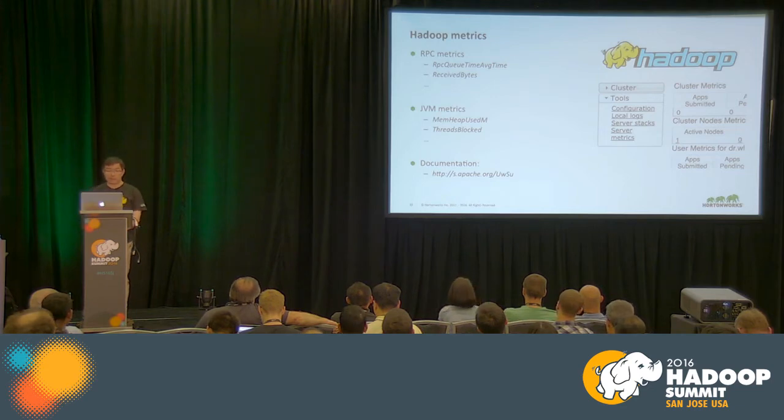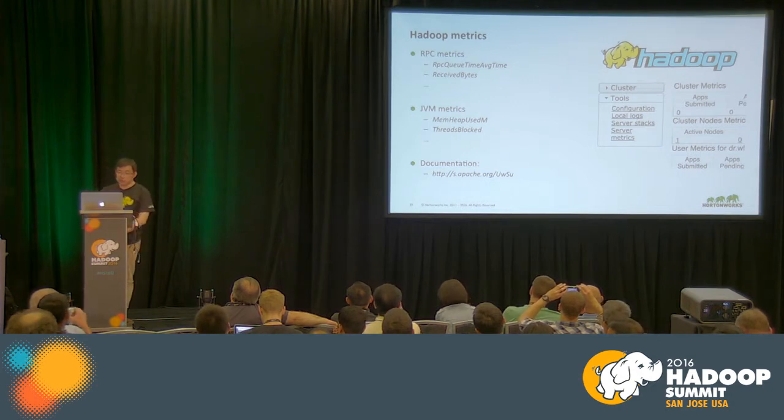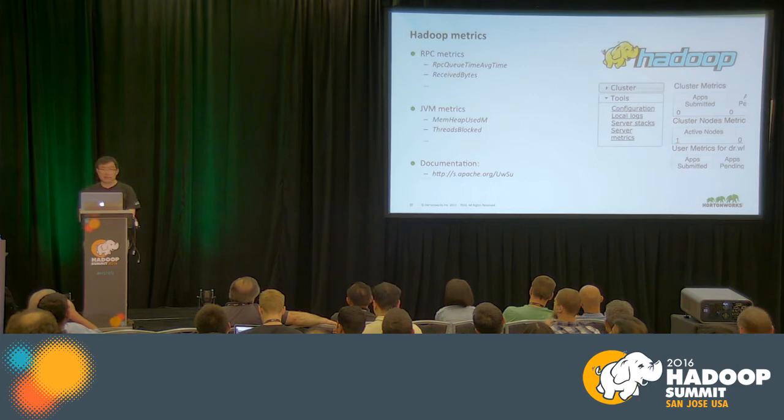Also, you can check receive bytes or send bytes on this. Also, there are some JVM metrics and other related metrics there. We have documentation, and I put a link there. It's quite short. It documents all the system metrics on the YARN cluster.